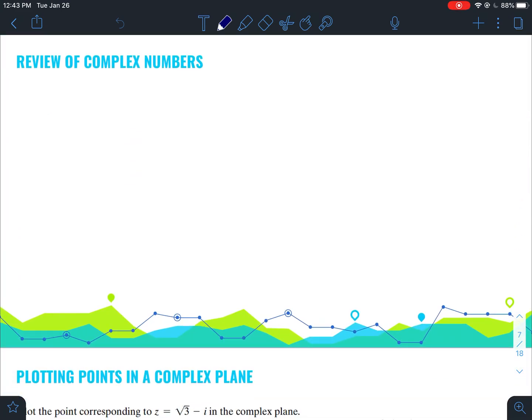You might remember from Algebra 2 that complex numbers are numbers that have a real part and an imaginary part, where the a in most books is called the real part of your complex number, and the bi part is called the imaginary part. So 3 minus 5i is a complex number where 3 is the real part and negative 5i is the imaginary part.